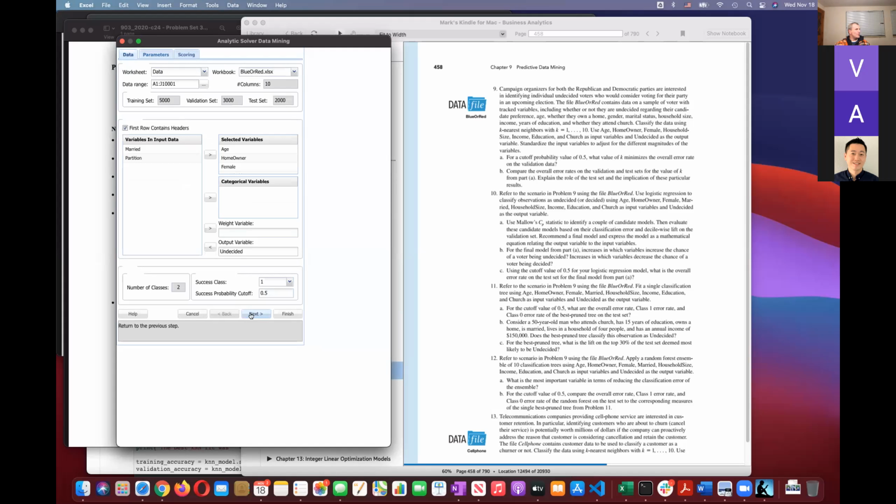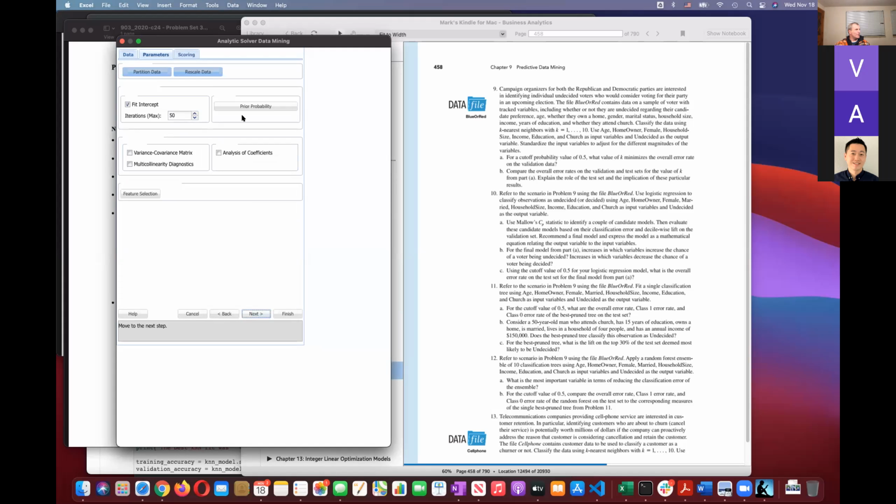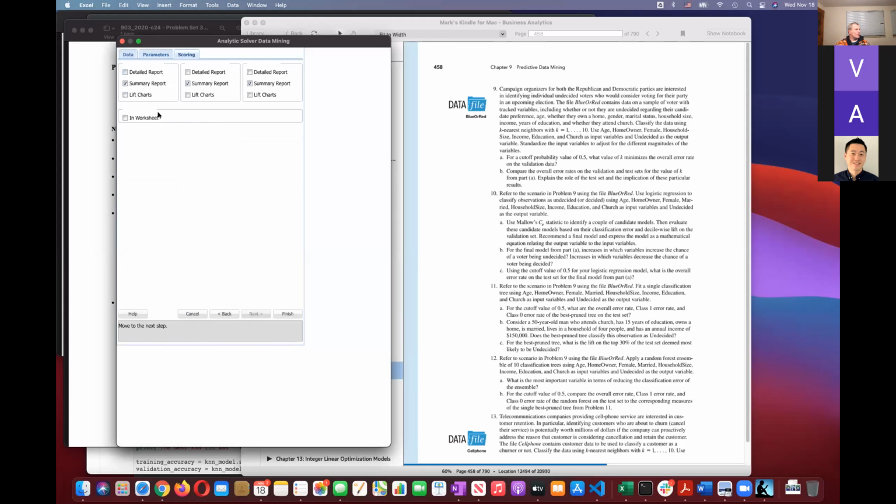Somewhere in this, it should ask me where my K is. Prior probability. I don't think coefficients or anything matters. We're not doing feature selection. And next on the score, we're going to go ahead and pick lift charts. What else did we want? Error rates, summary, summary, summary.